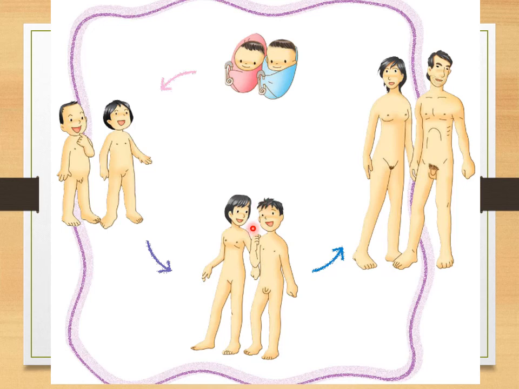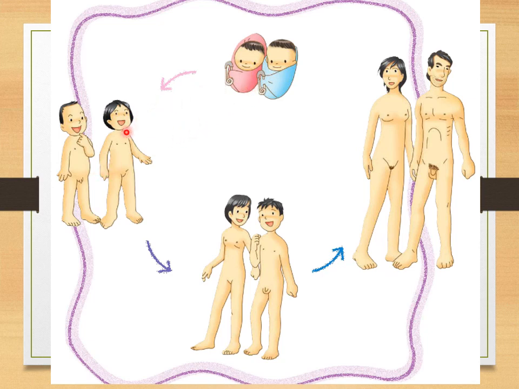So let's have a look at this picture. First of all, start with infancy, from infancy to childhood. In this process, apart from the increase in weight and height, babies and children do not have a lot of physiological changes.